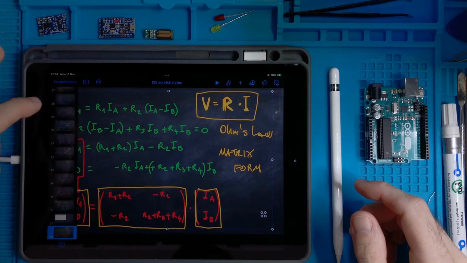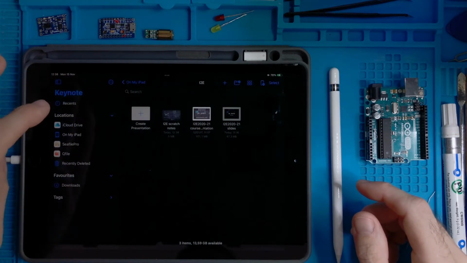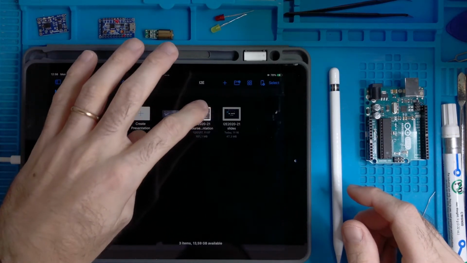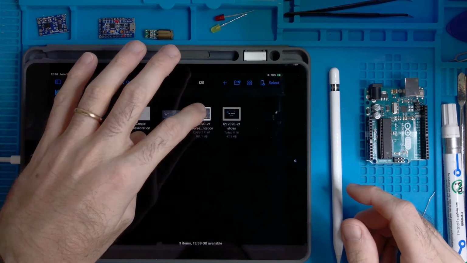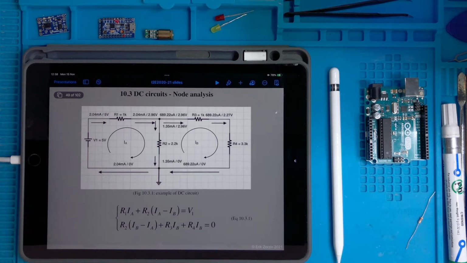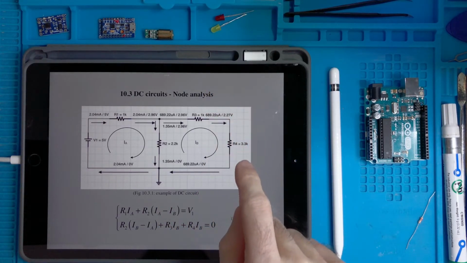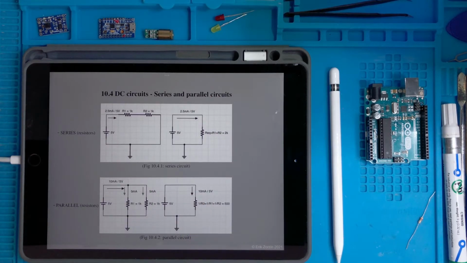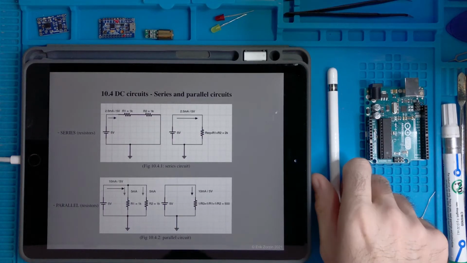So now let's go back to the slides. Okay. Now you have an idea of what you can do in electronics. Here we have a couple of circuits which are very elementary.